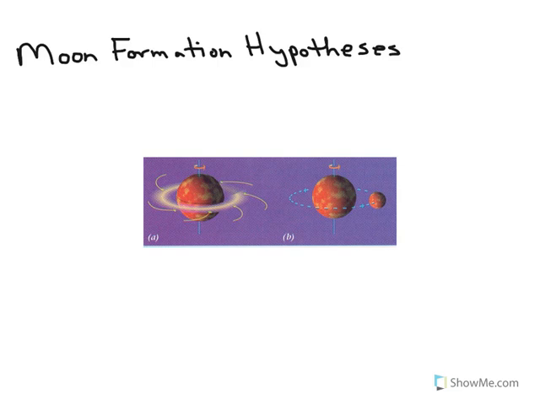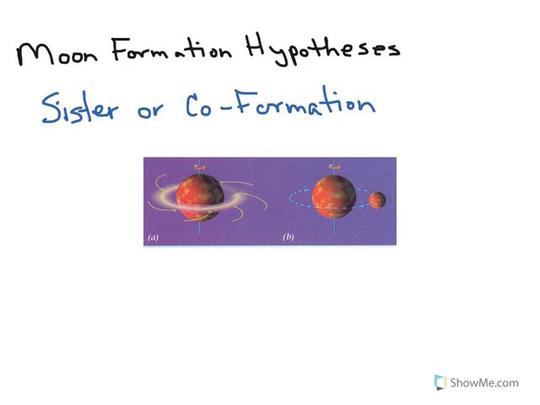Our next hypothesis is the sister, or also called the co-formation hypothesis. In this case, we can picture the Earth and Moon system as being a smaller version of the formation of the solar system.